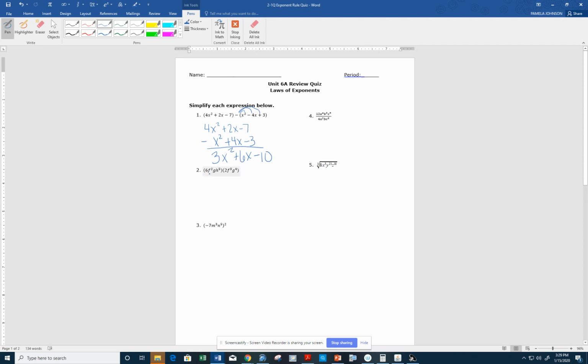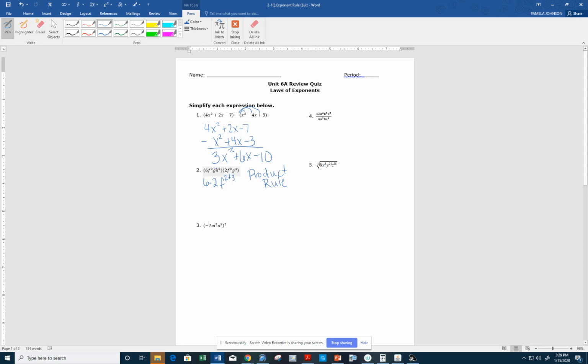On number 2, this one is a product rule. So product rule says that we're going to multiply our coefficients and add our exponents. So we'll have 6 times 2. We'll have f squared times f cubed, so f to the 2 plus 3.